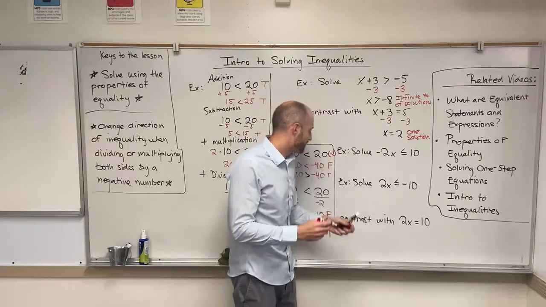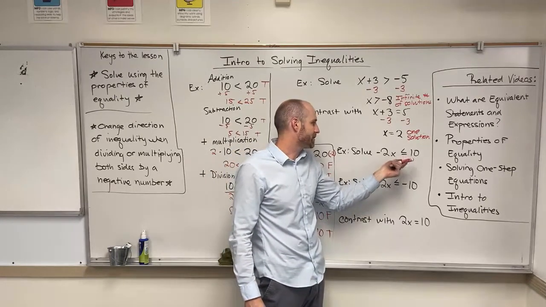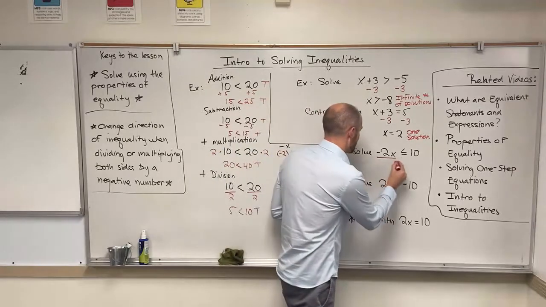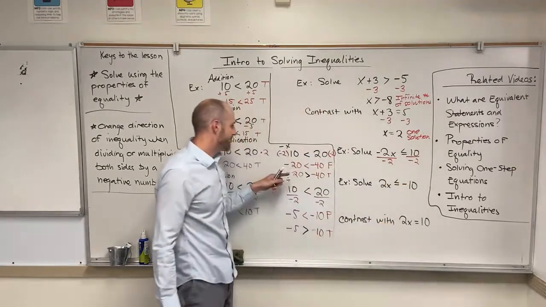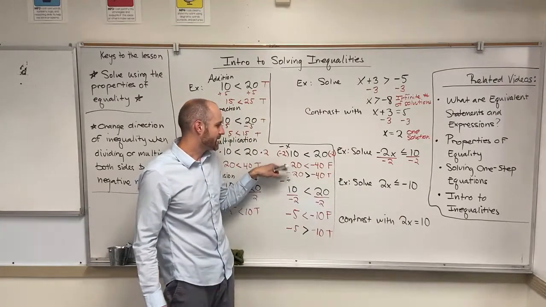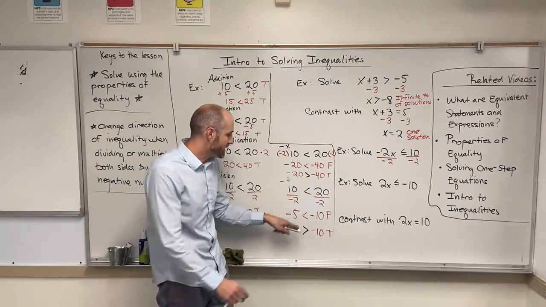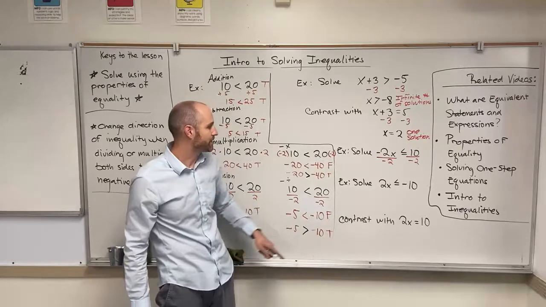Okay, let's have a look at a few other ones. Here we have solve -2x is less than or equal to 10. Okay, use the division property of equality. We'll divide both sides by -2. And what we learned over here is that whenever we divide both sides by a negative number, we need to change the direction of that inequality in order to maintain the truth of the statement.